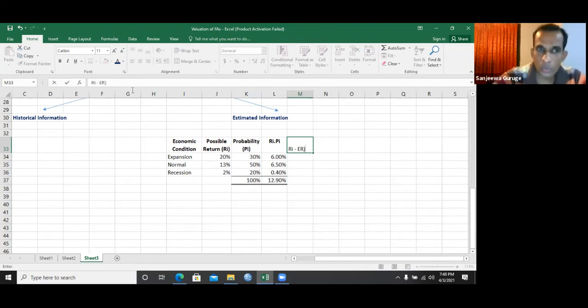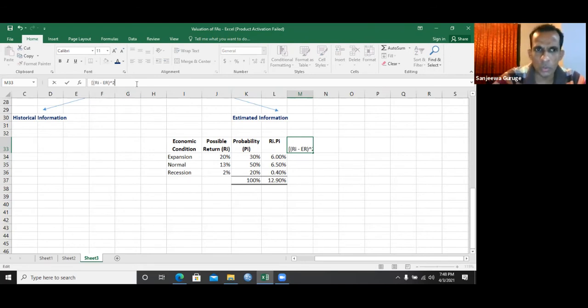Then, to see the total deviation, we need to get the squared value of this. That is clear, right? Possible return minus expected return, and we get the squared value. That squared value we can then multiply by the probability. That is the next step.